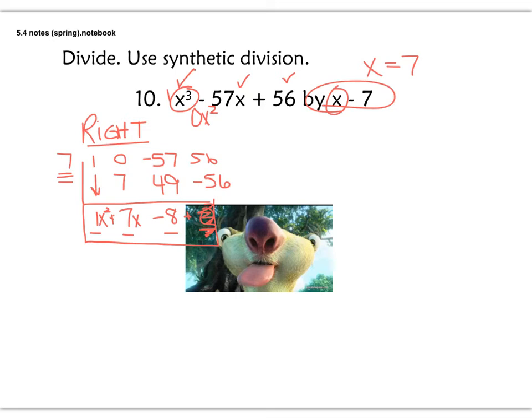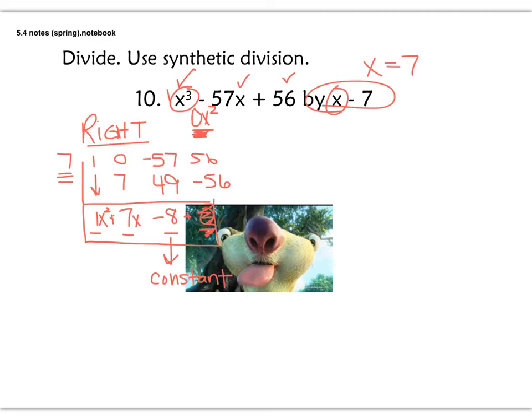Now, trying to help you guys out a little bit, it's really easy to get moving quick and you don't notice that that x squared term was missing. And if you don't put that in there, it's wrong. Okay, so a couple of hints I've learned through the years. After you put your x's back in, you should always have a term that is your constant, just a plain old number after the x.